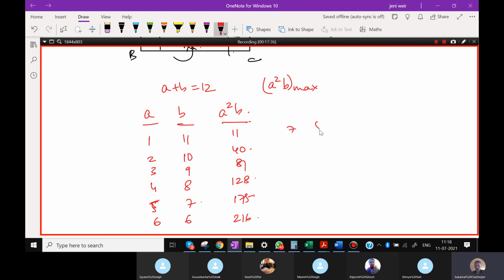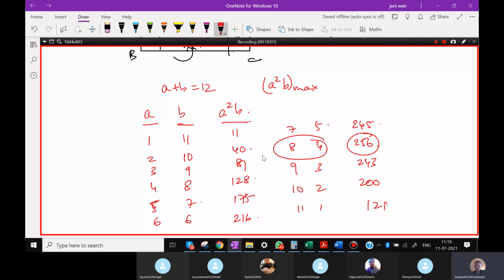7 and 5 will give me 49 into 5, which is 245. 8 and 4 will give me 64 into 4, 256. 9 and 3 will give me 81 into 3, which is 243. 10 and 2 will give me 200. And 11 and 1 will give me 121. So the maximum value occurs here.